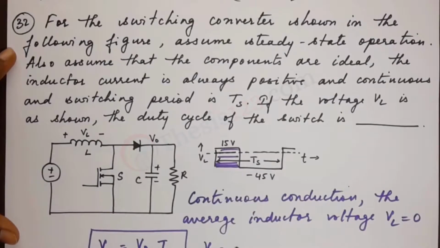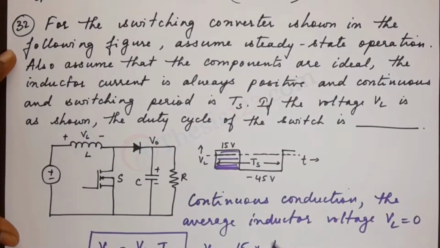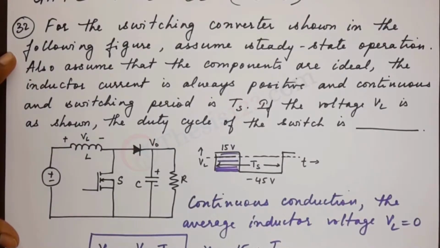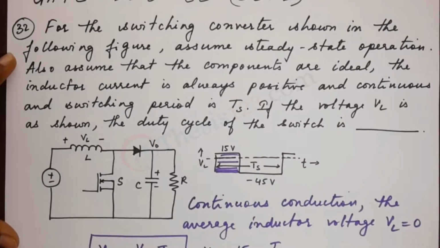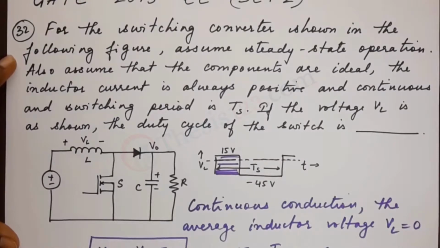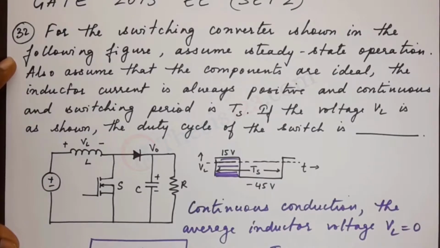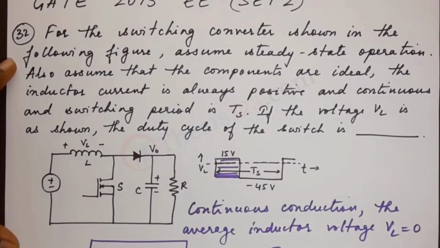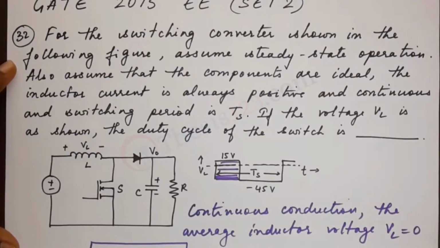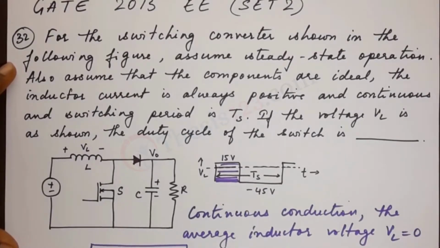That's 15 times the ratio T on by Ts, plus, now for the negative half cycle, minus 45, that's the value of the voltage given here, times the ratio T off divided by Ts. Now this entire thing is equal to 0 according to the condition of continuous conduction.